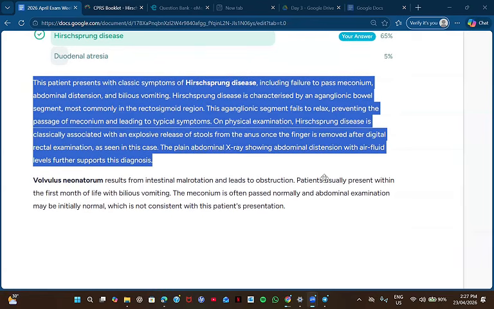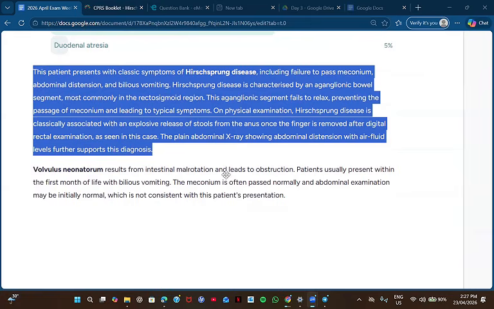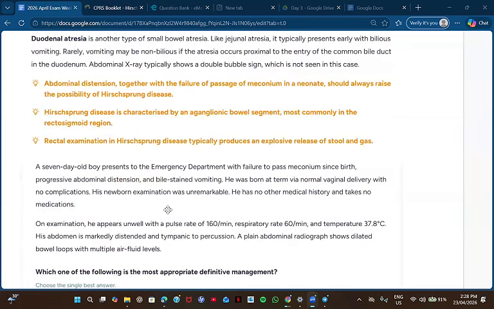On physical examination, Hirschsprung disease is classically associated with the explosive release of stool from the anus once the finger is removed after digital rectal examination. As seen in this case, the plain abdominal X-ray showing abdominal distension with air fluid levels further supports the diagnosis, right?